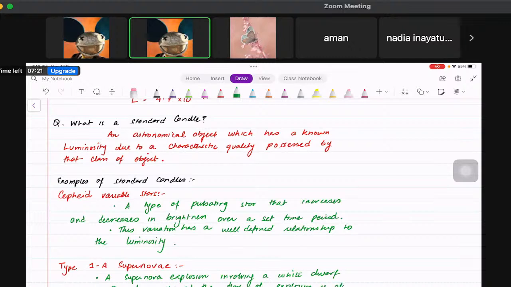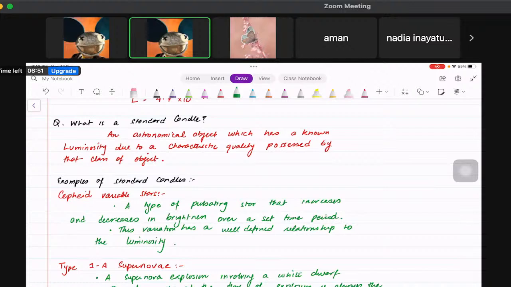That is why we want, basically, standard candles. It's just like you bring in a candle of set size and set thread, so it gives a certain brightness, and you already know this is the amount of brightness this particular candle is going to give. If you compare it with other candles you might see the differences.